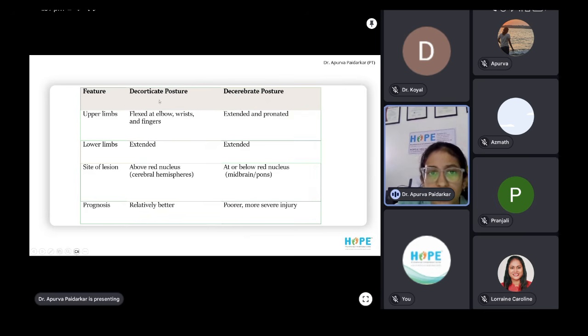The site of lesion in decorticate is above the red nucleus, that is the cerebral hemisphere, and for decerebrate it is at or below the red nucleus, that is midbrain or pons. And prognosis in decorticate is relatively better, but in decerebrate it is poorer with more severe injury.